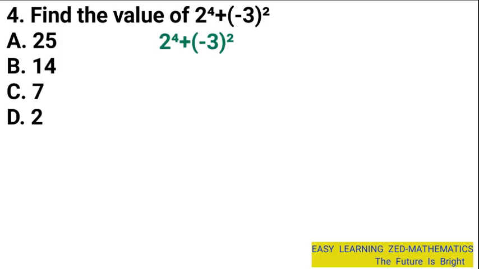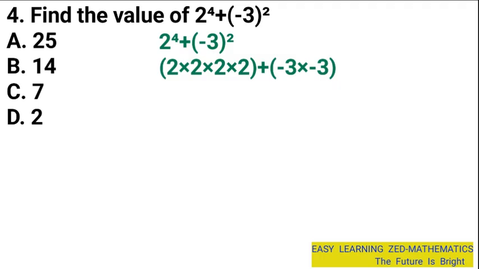Then I'm going to expand these terms, which gives 2 times 2 times 2 times 2, added to negative 3 times negative 3. Once I've done this, I'm going to evaluate the terms, starting with the 2.